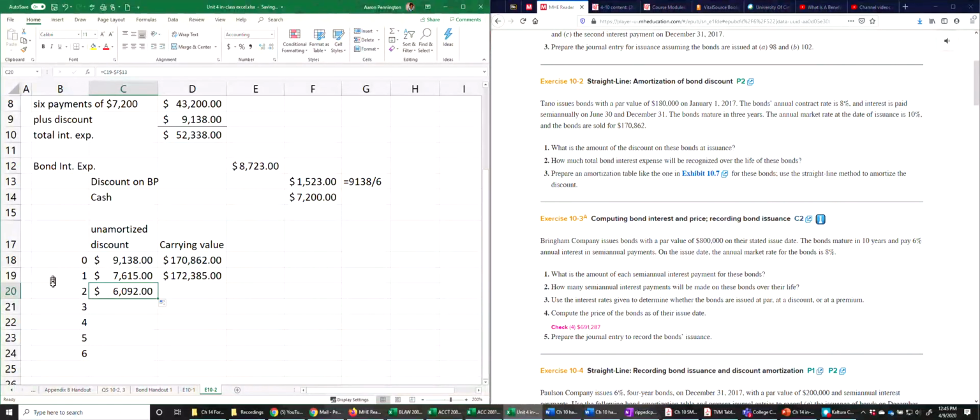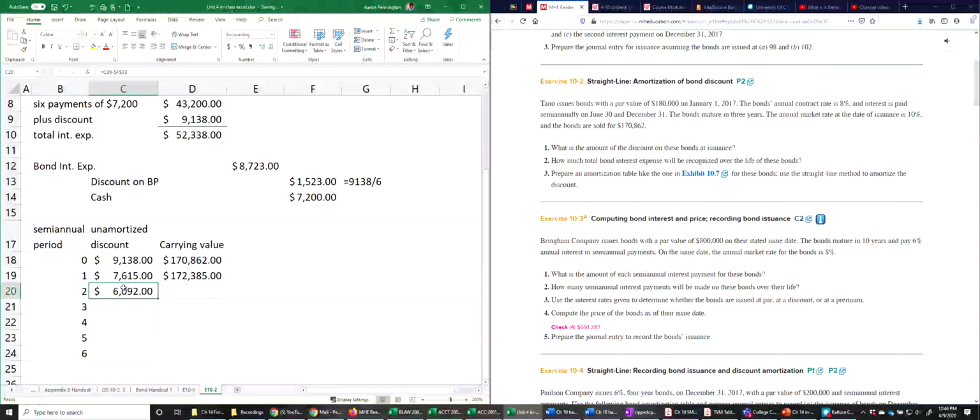So period 2, which would be December 31st, because these are the semi-annual periods. I'll label it that. So period 2, that is December 31st, 2017.